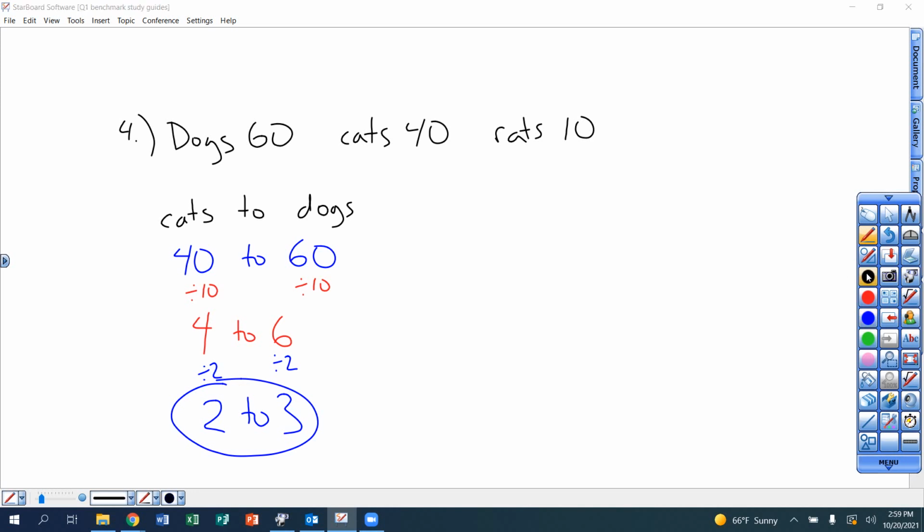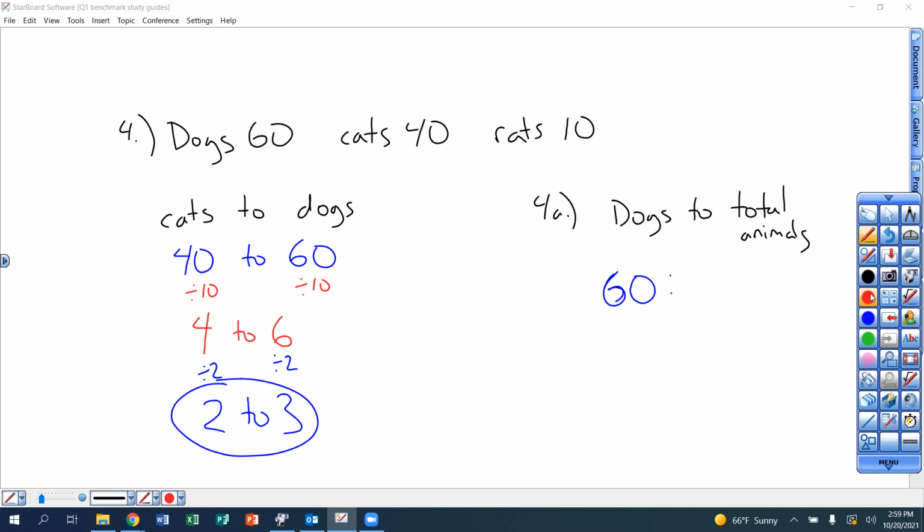4a wants the number of dogs to the total animals that we got here. So I put the number of dogs first, 60. I'm going to use colon marks for this one.